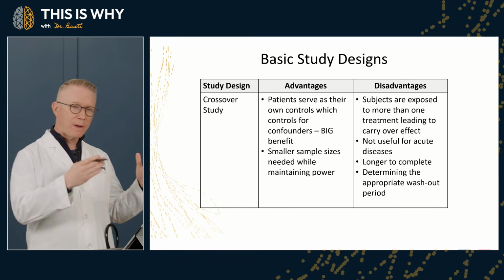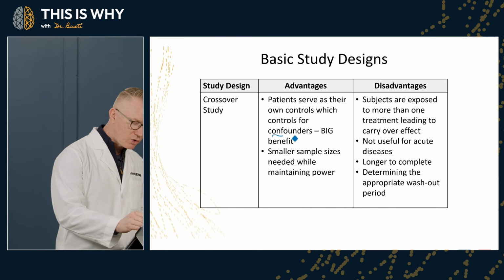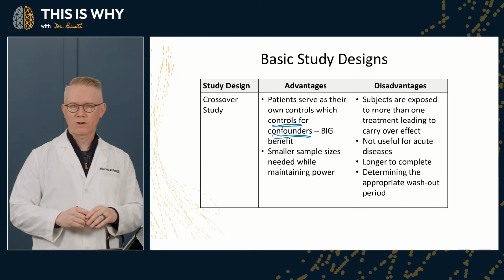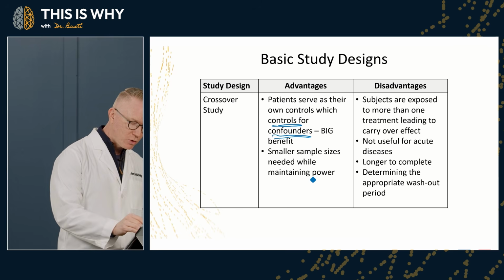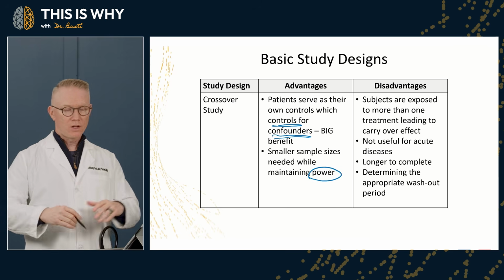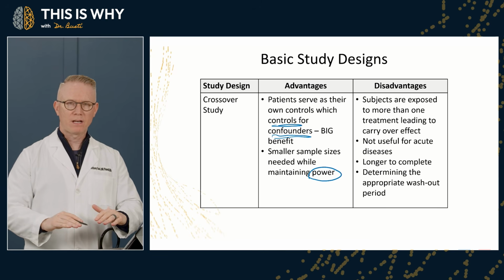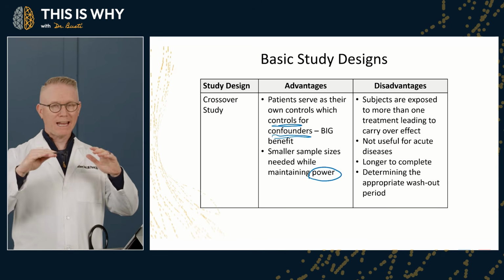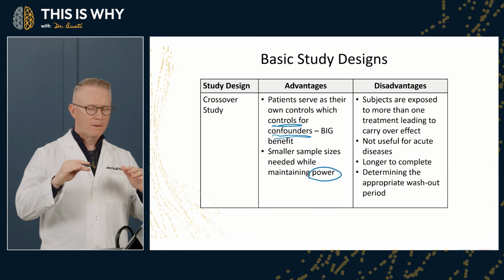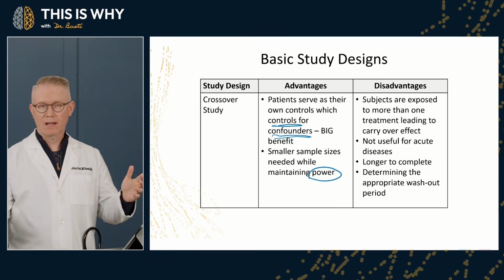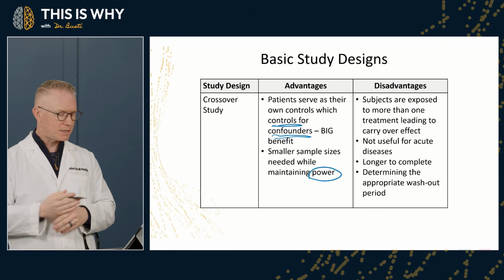But when the patients serve as their own controls, they control for their own confounders. That's huge. That really helps to contribute to the power of the study. So you could actually enroll fewer people in this type of study design and maintain 80% or more power, okay, which is really the chance of not making a type 2 error, because it's 1 minus beta.